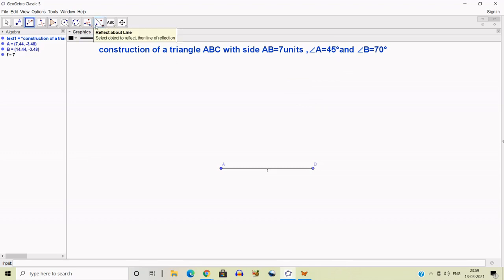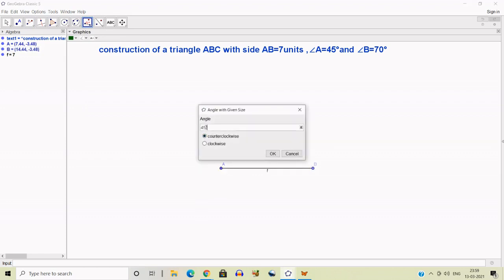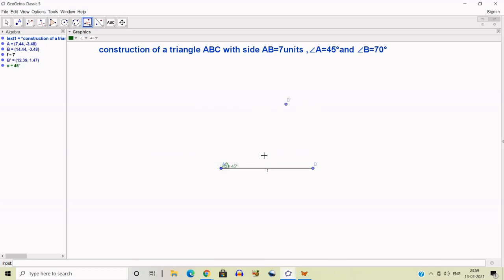So for this we have to go to the angle option, angle with given size. Then we will click on B and then A. Here we will put 45 degrees counterclockwise. So here we get angle A, that is alpha, equal to 45 degrees.